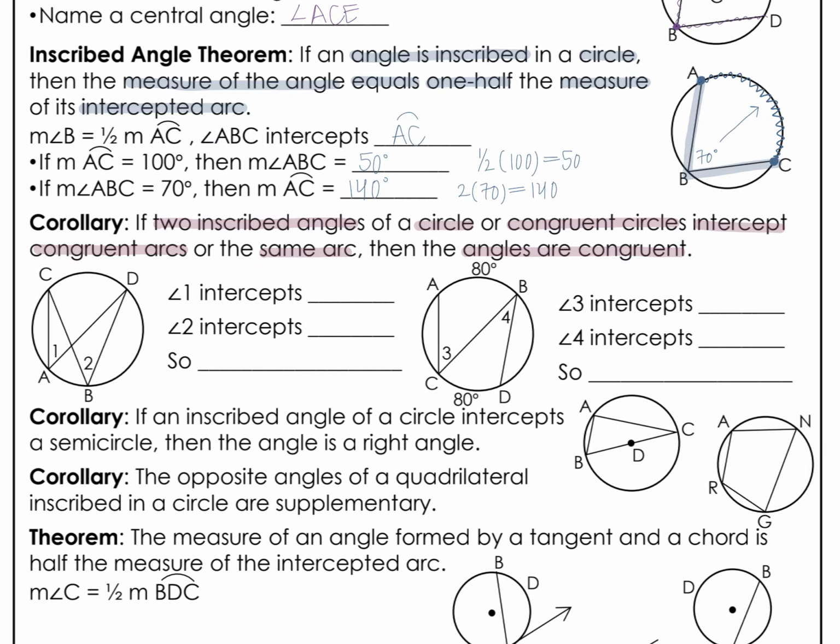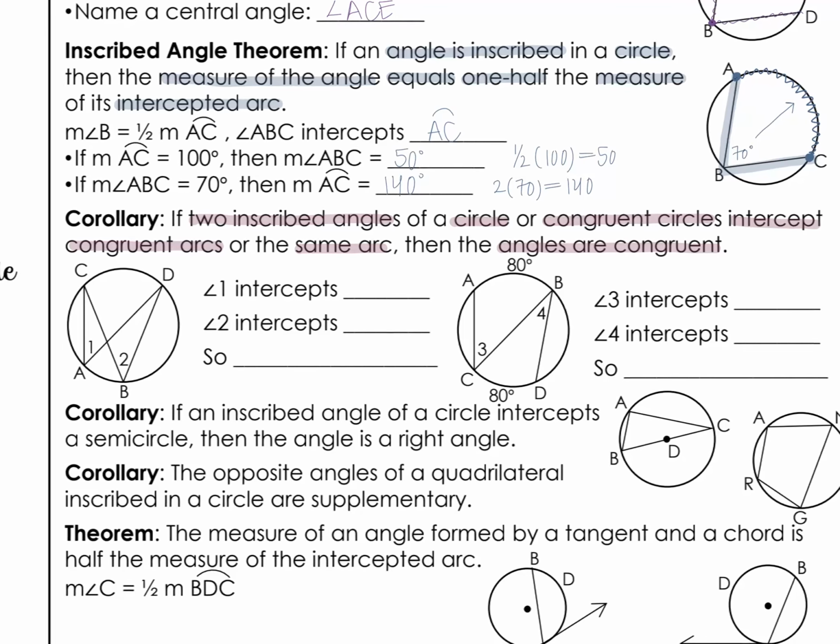In this first picture, angle 1 is going to intercept what arc? If I look at this angle 1, I'm going to highlight it.